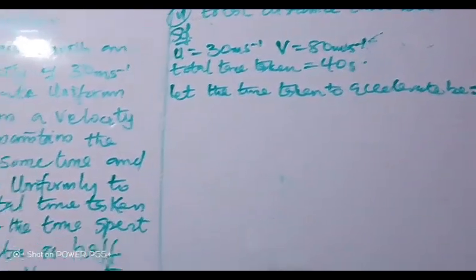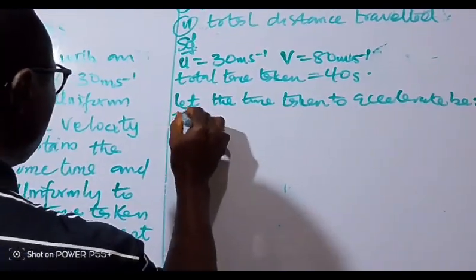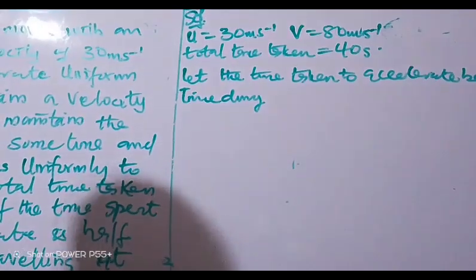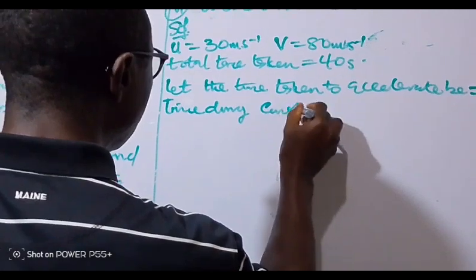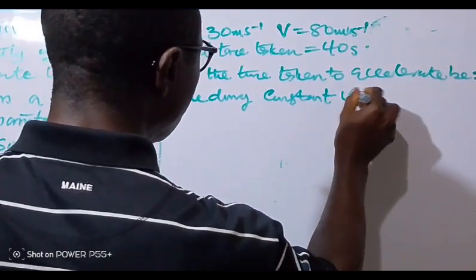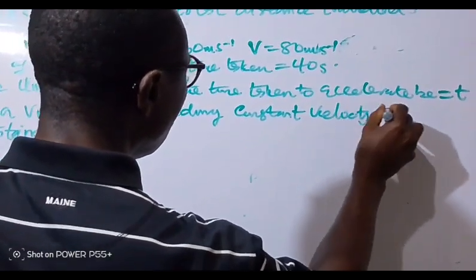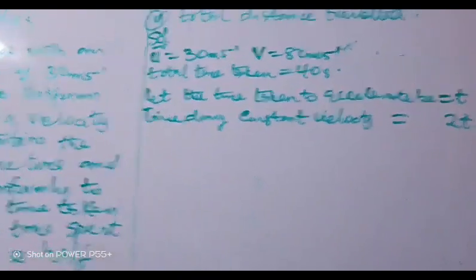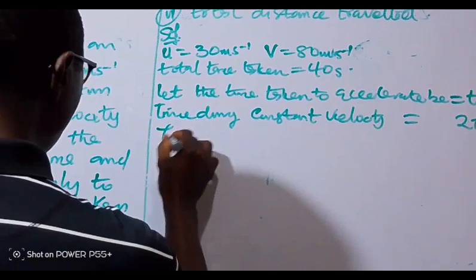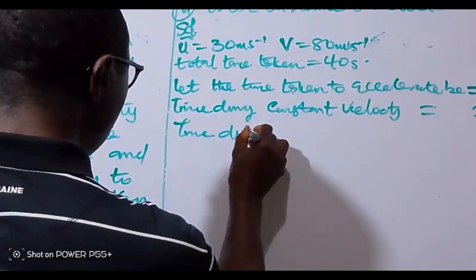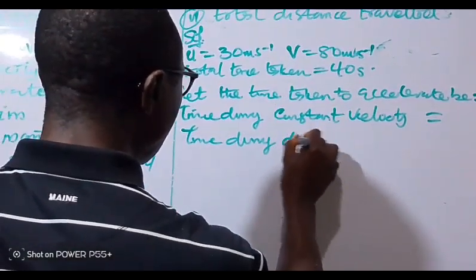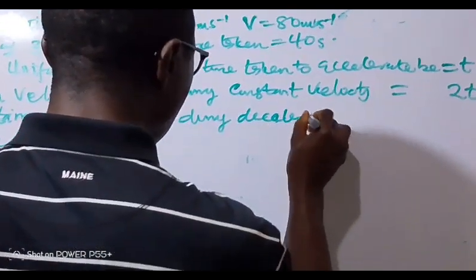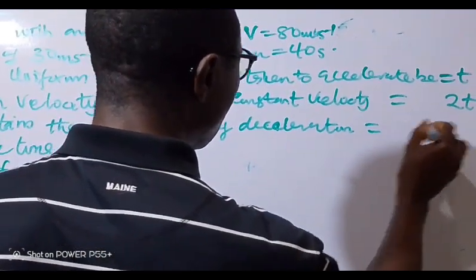It means the time during constant velocity will be equal to 2t. And at the same time, during deceleration, since it decelerates uniformly, the time for deceleration will be equal to t.